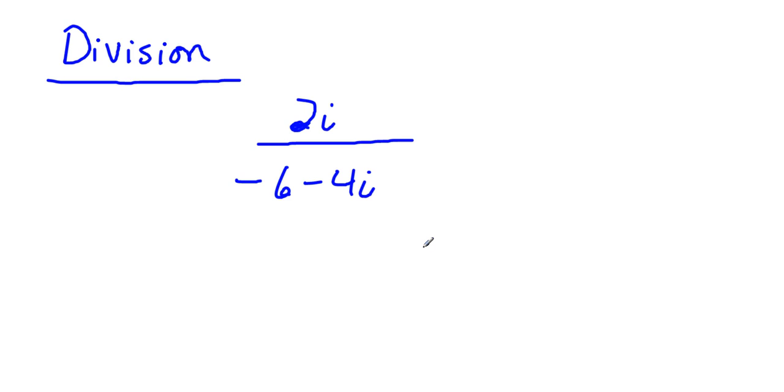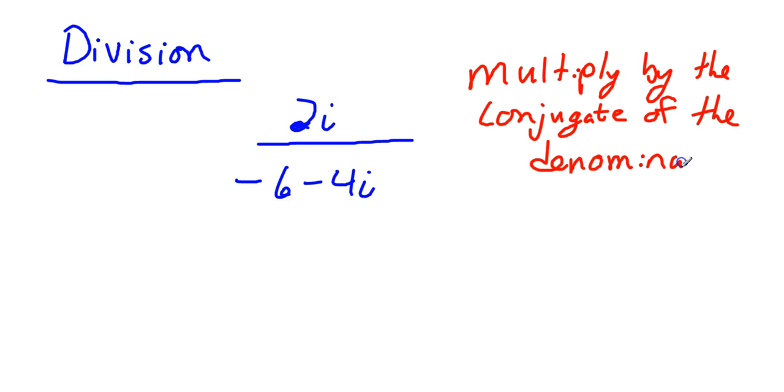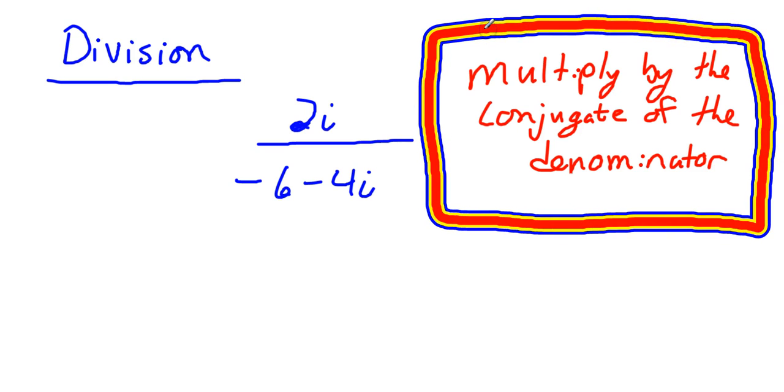It's almost like what we did back in section 6, when we had the square roots in the bottom, how we rationalized the denominator by multiplying by the conjugate. Same thing on this one. You're going to multiply by the conjugate of the denominator. So even though it's a division problem, it's really not a division problem. It's more that it's a multiplication problem where you have to multiply by the conjugate of the denominator.